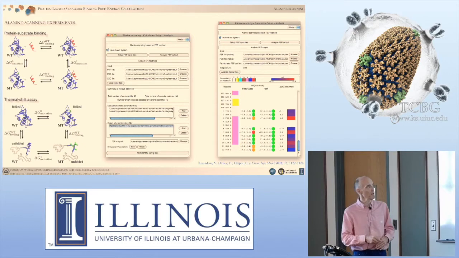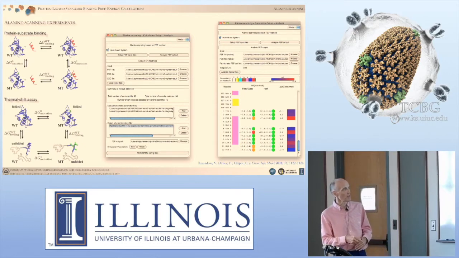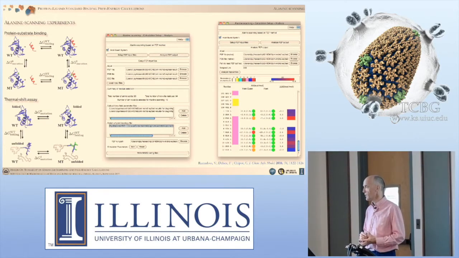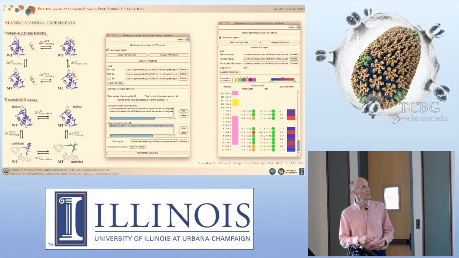It shows a sequence of the amino acids that you want to change. So you just need to click which amino acid you want to transform into alanine, and then in the background it will run the calculation, and then you call the plugin again for the analysis, and it will show you the results.